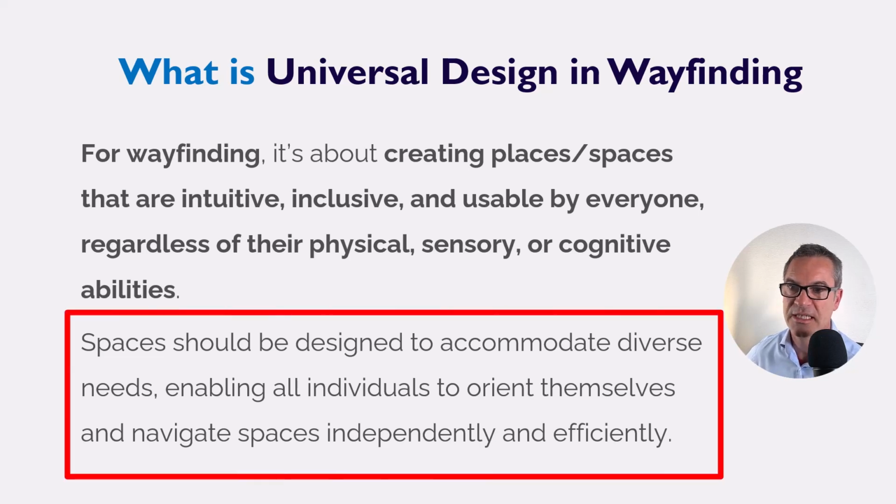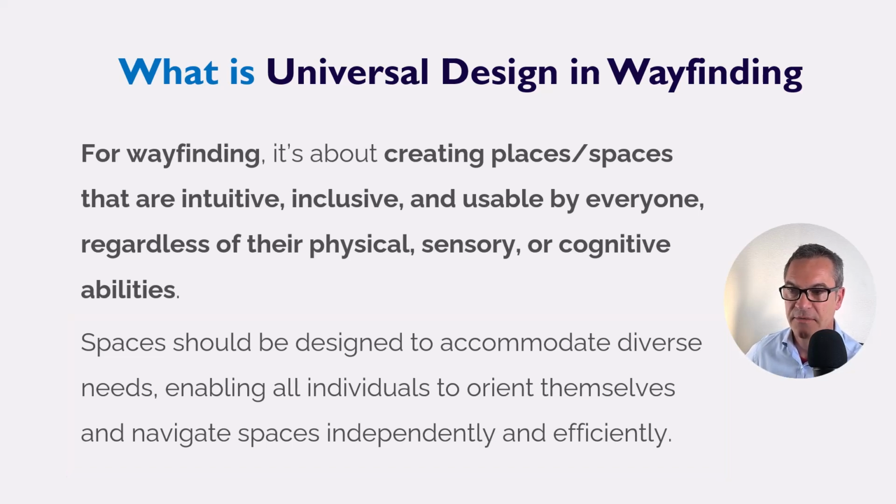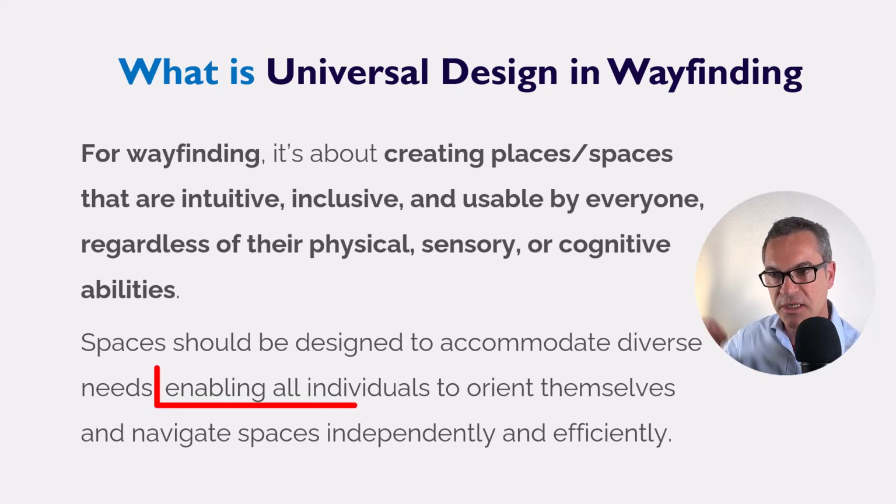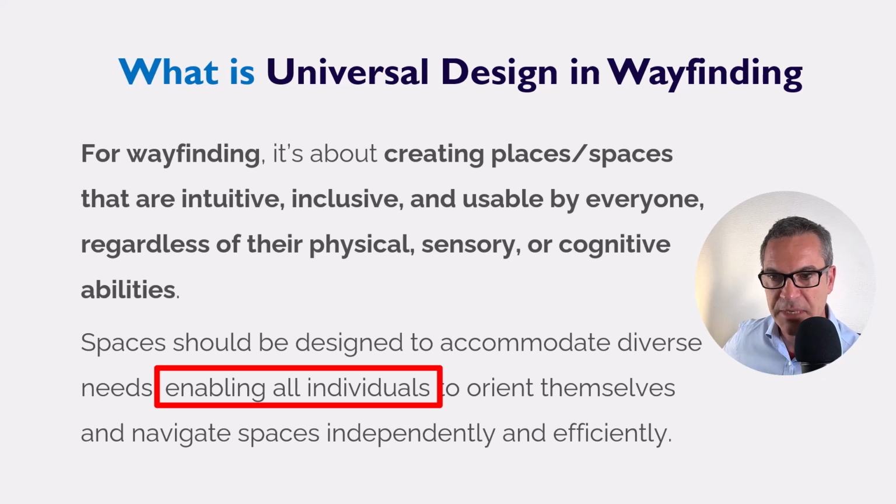Spaces should be designed to accommodate diverse needs, enabling all individuals to orientate themselves and to navigate these places or spaces independently and efficiently. So, when spaces use universal design, everyone generally benefits.